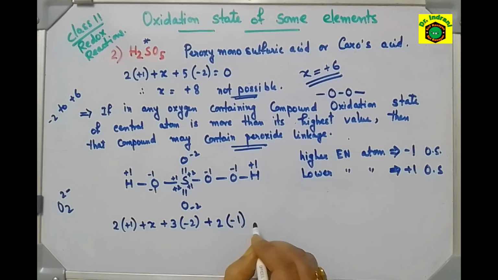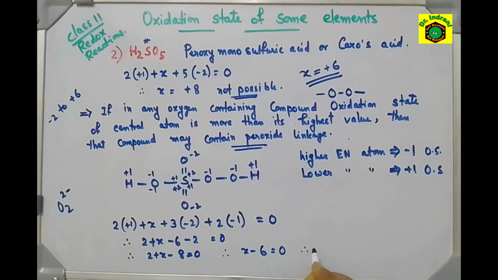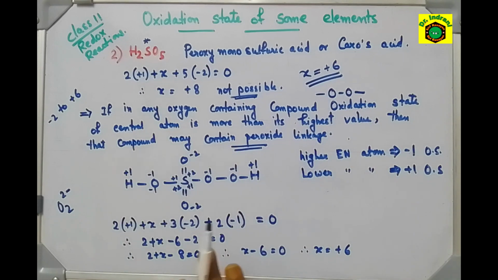This is altogether 0. Therefore, we can write 2 plus X minus 6 minus 2 is equal to 0. Therefore, 2 plus X minus 8 is equal to 0. Therefore, X minus 6 is equal to 0. Therefore, X is equal to plus 6. For understanding purpose, I am writing it this way, but directly you can write the maximum oxidation state for sulfur here.